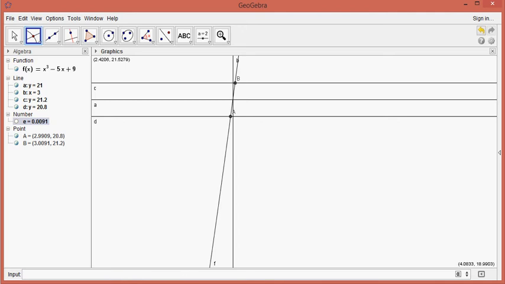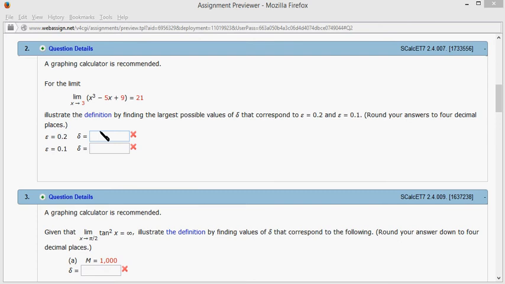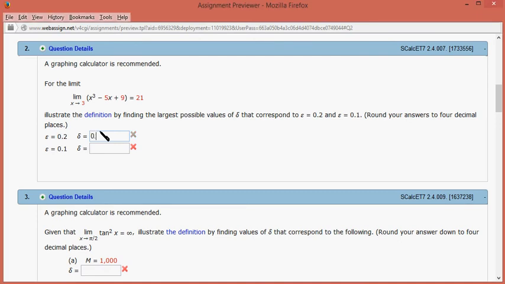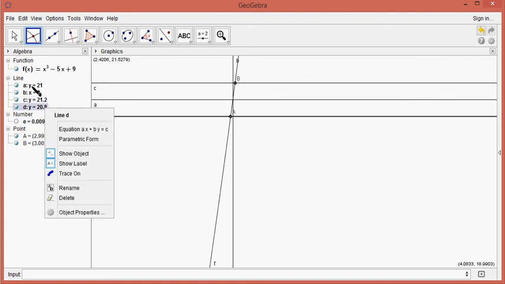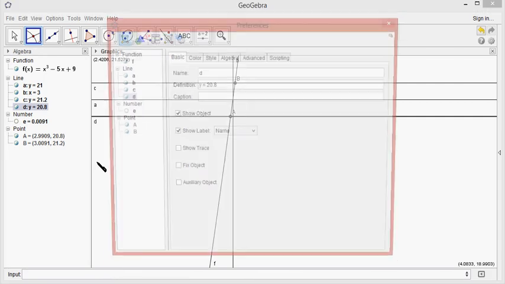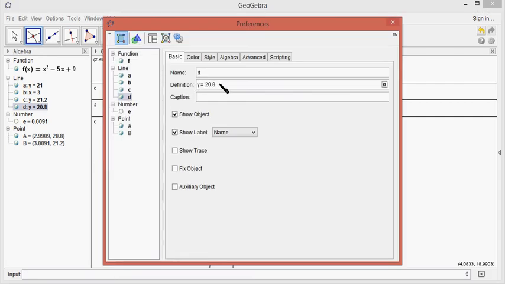So let's type it in, 0.0091. Now if you squeeze epsilon to 0.1, what we're going to do is change the value. Instead of this one, I'm going to change it to 0.1, so it's going to be 20.9.